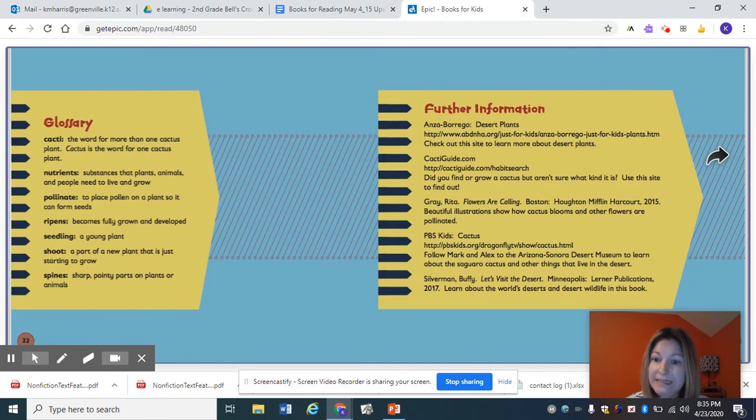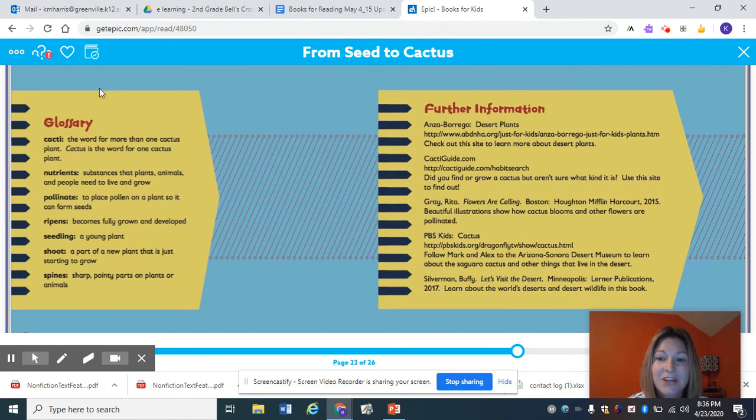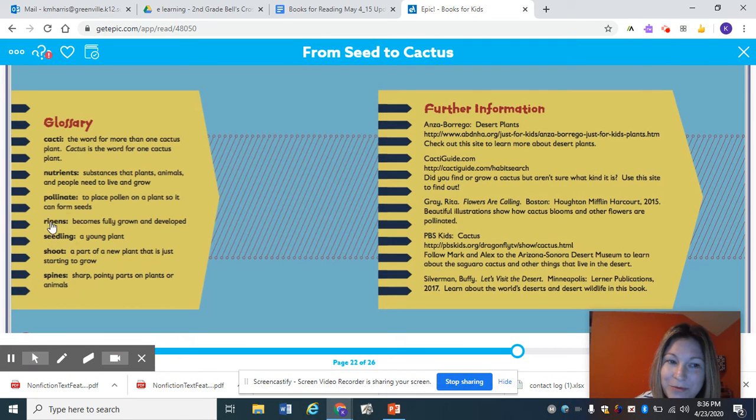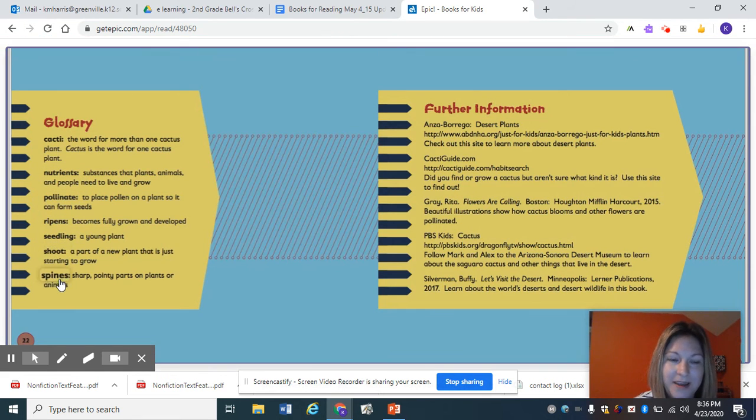So we're at the end, and the reason I can tell we're at the end is because the glossary is always at the end of a book. And our glossary does have the words that were in a different color through the text. Cacti, nutrients, pollinate, ripens, seedlings, shoot, and spines.